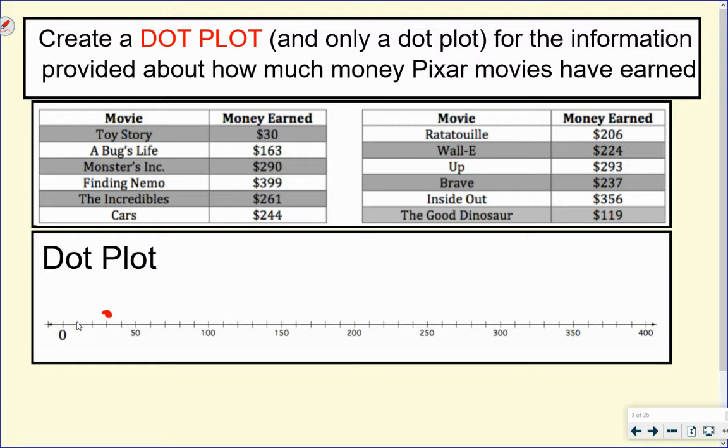On the next one, A Bug's Life, 163. Well, I'm going to come over to 150, and then I'm going to go 160, and then I'm going to go a little bit more, okay, because it's counting by tens.